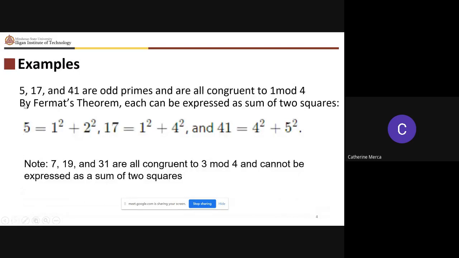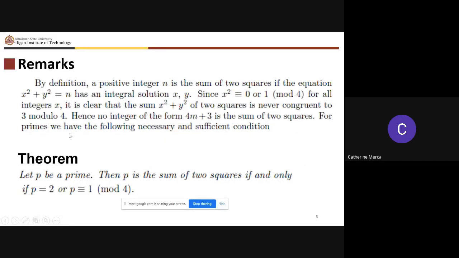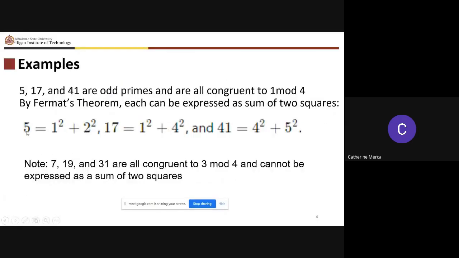Example, you have 5. 5 can be rewritten as a sum of 2 squares. Why? Because when you divide 5 by 4, the remainder is 1. Right? So 5 is congruent to 1 modulo 4. Similarly, 17.